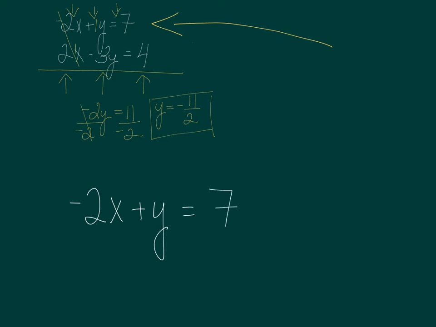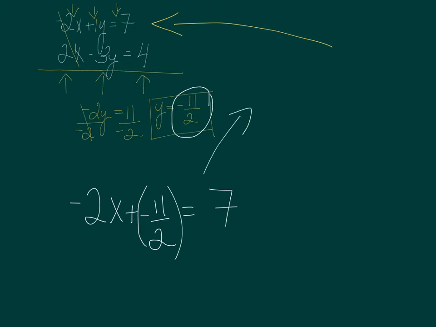But remember, my y value is equal to negative 11 halves, which means instead of a positive y, I'll put that plus back, I'm going to insert negative 11 halves for my y value. Similar to a substitution step, it's an evaluation step. Then I'm just going to go on my merry way and find out what x is equal to.